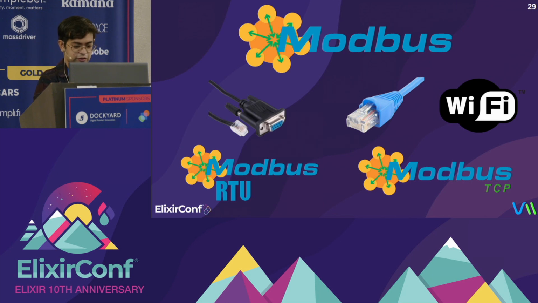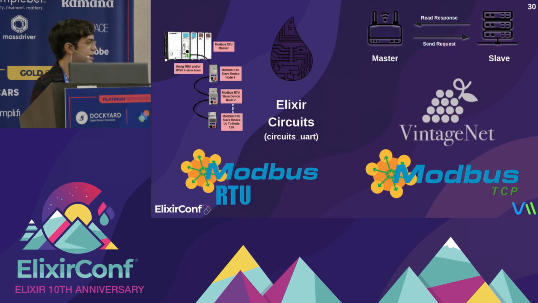Fortunately, well, I need to explain a little bit about Modbus. It's an old protocol. It was developed around 1979 by Modicon to communicate between electronic devices. But in order to support this protocol, we already have some work that we can start with. For example, we have VintageNet to handle the physical interfaces, which are Ethernet and Wi-Fi.